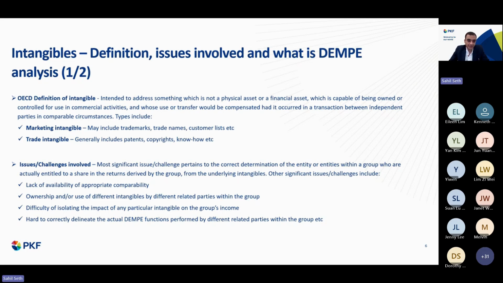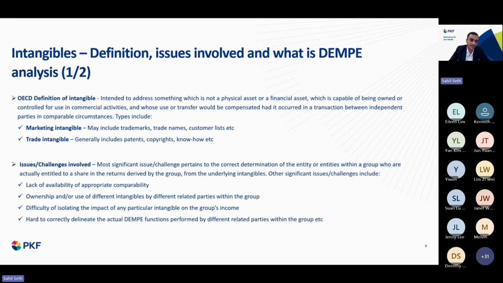Doing this for each entity takes considerable time and effort. And there has to be an absolutely clear-cut understanding, delineation and demarcation of the DEMPE functions for each related party so as to determine the correct remuneration policy or the pricing policy or the return for that DEMPE function.